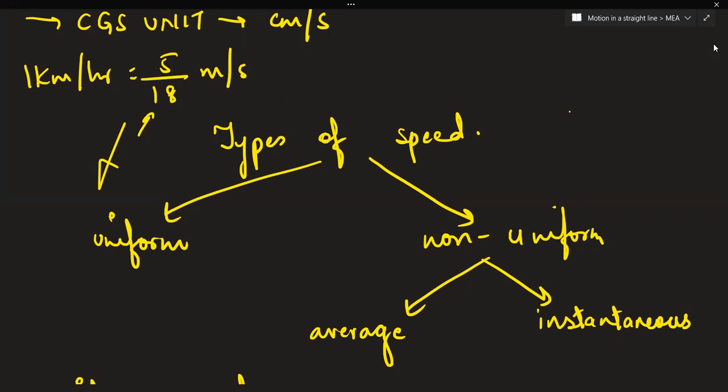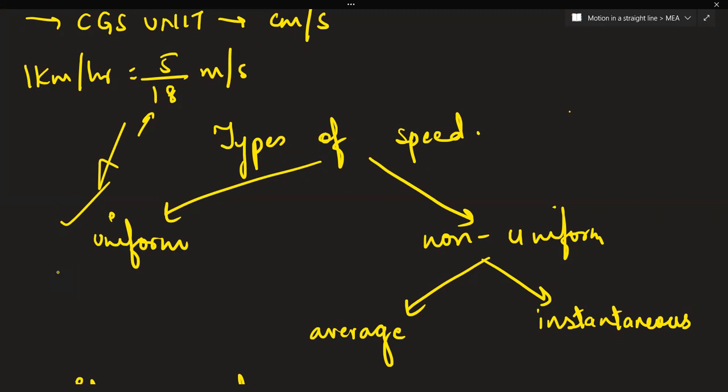Let's discuss the first one, uniform. In the case of uniform speed, the rate of change of distance is uniform. It means, let's say 5 meters are covered in the first 2 seconds, then again the second 5 meters is covered in another 2 seconds, like this.